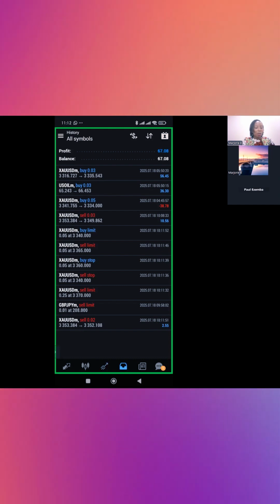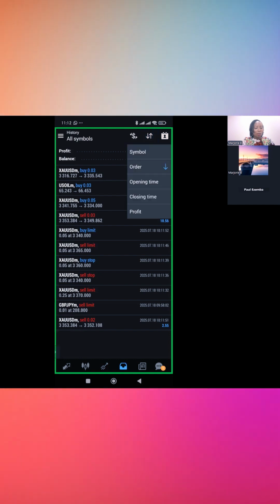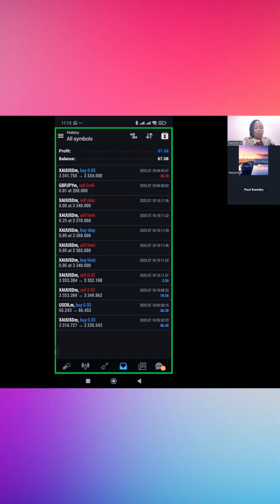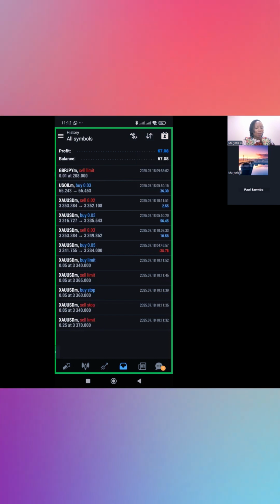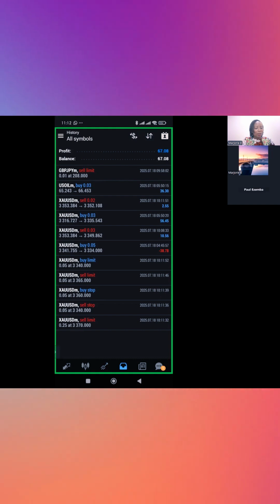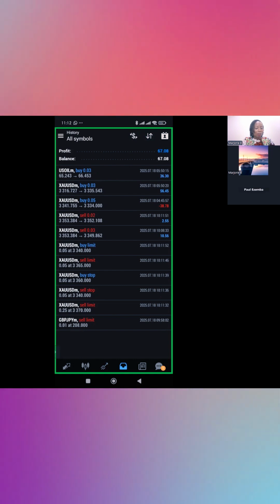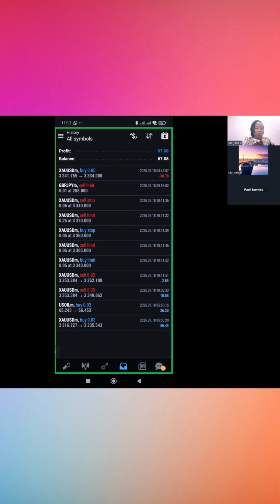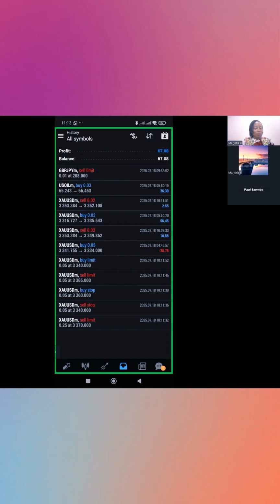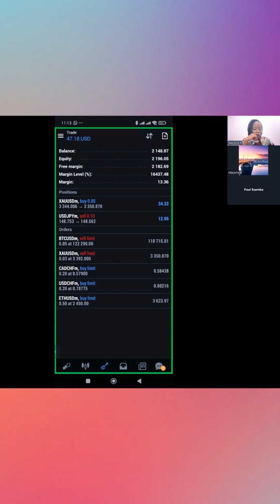I can also arrange it so that I see profits first, or just symbol first, or opening time. I can do all of that. It depends on how you want it. So that's it for MT4.